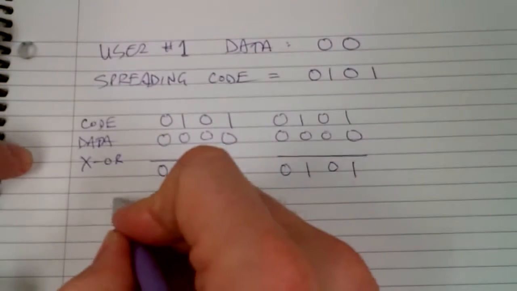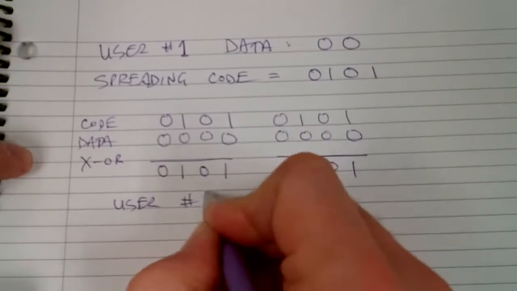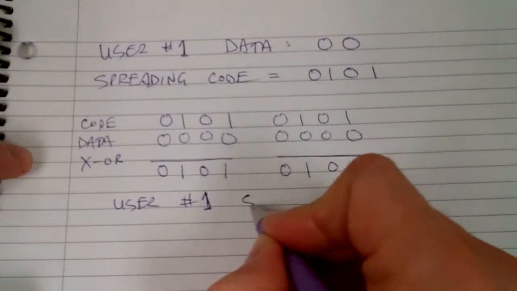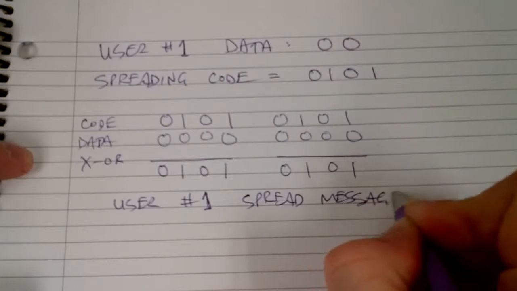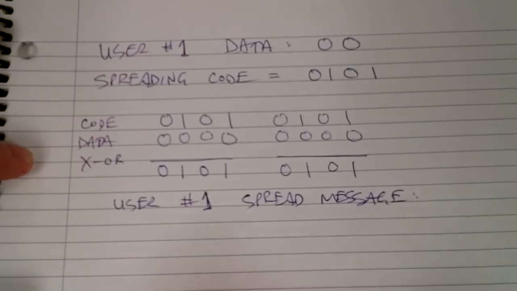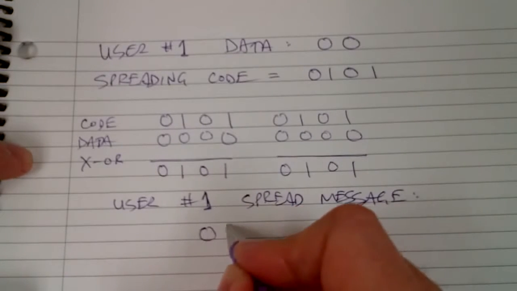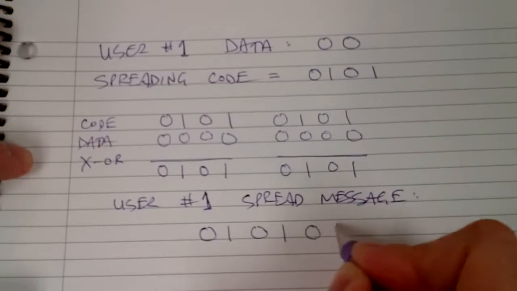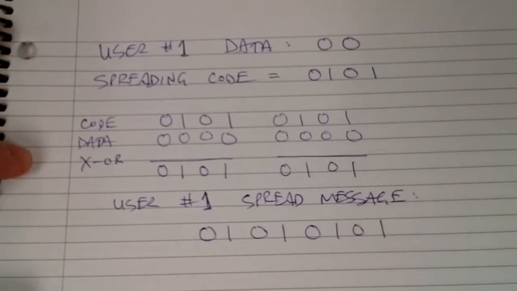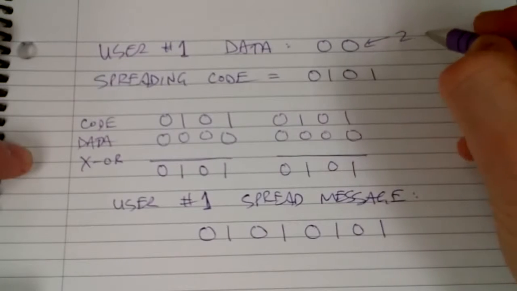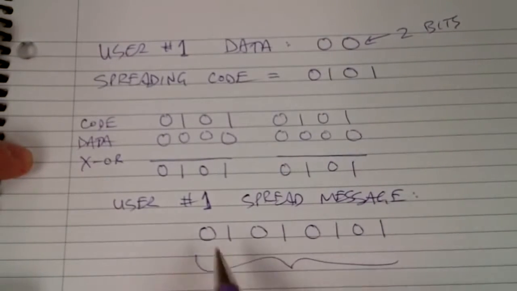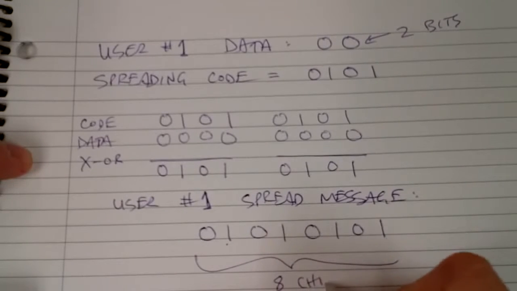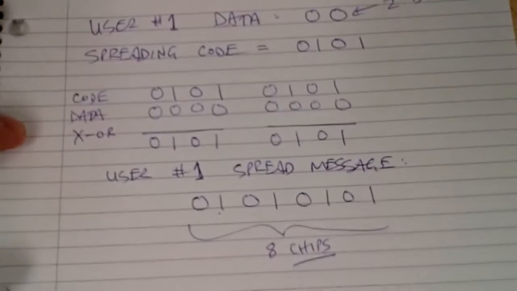So then you can say that user number 1 has a spread message that looks like this. The data itself is 2 bits, and the spread message is 1, 2, 3, 4, 5, 6, 7, 8 chips.